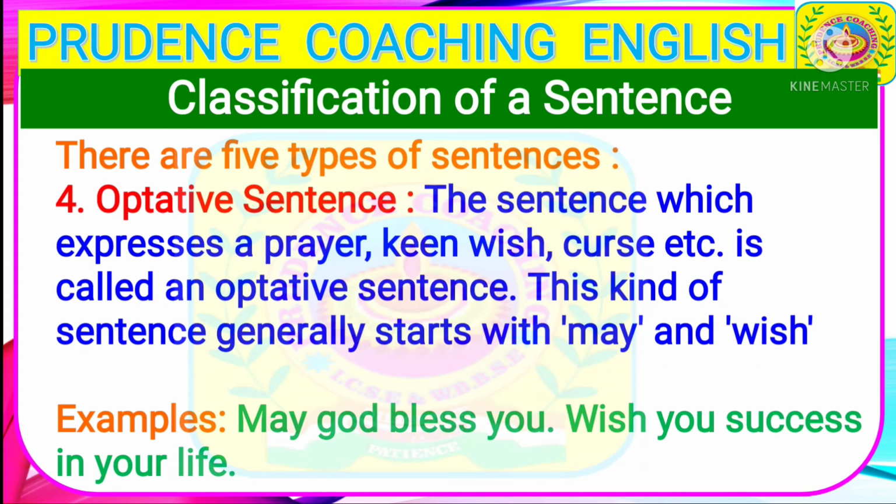So whenever you see in the sentence that some prayer is being made, keen wish, keen means which is coming from your heart, or some curse is given, those sentences are known as optative sentences. Mainly you will find this type of sentences start with the word may or wish. For example, may God bless you. Here a wish or a prayer is being made. Wish you success in your life. So this is a wish.